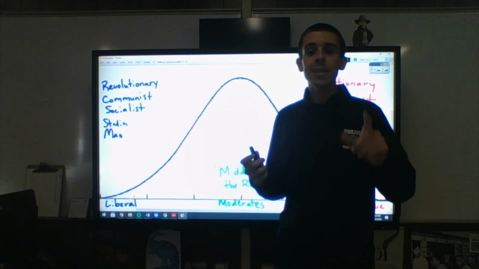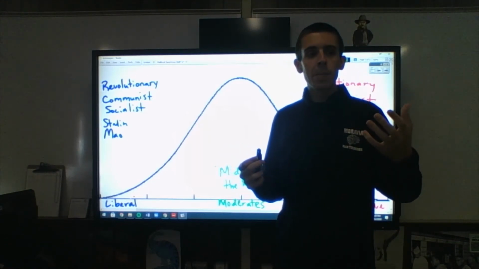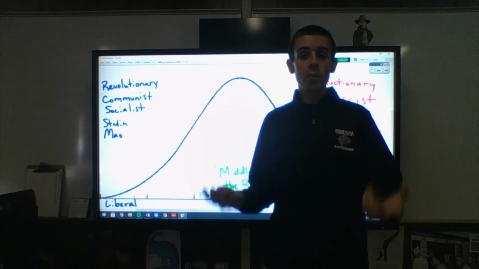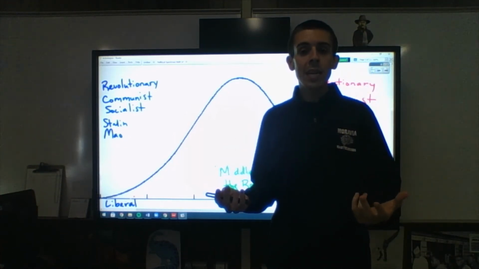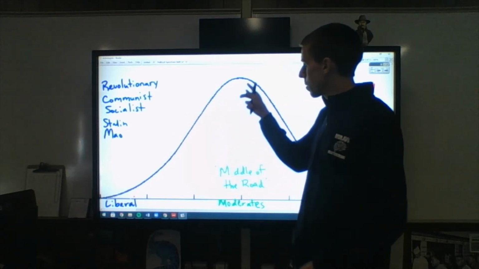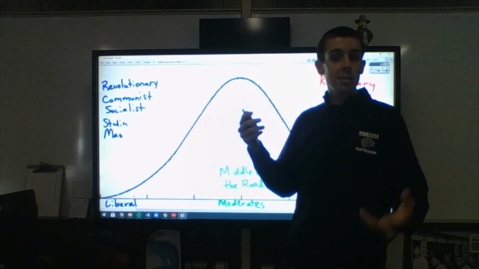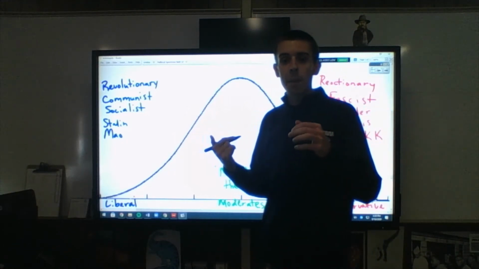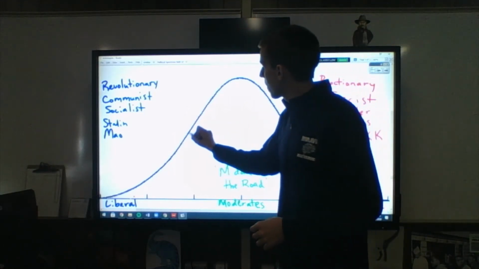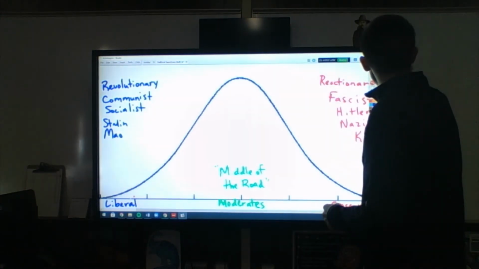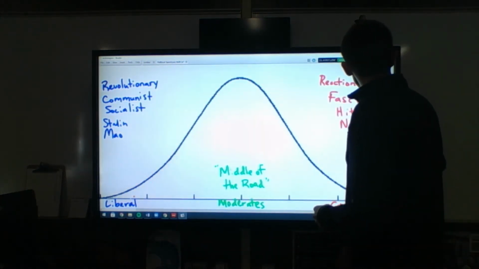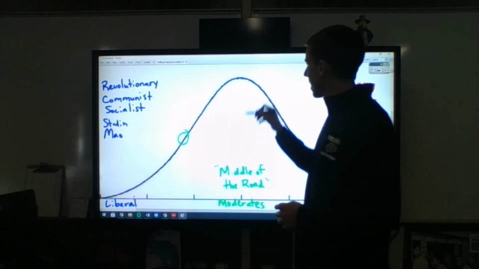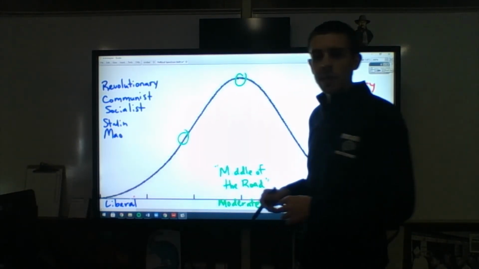The problem with that is that because we have a two-party system and those parties nominate their own people, you can never really have a moderate person win. Let's use this as an example. Let's say the Democrats nominate a pretty liberal person who belongs right here, and a moderate person who belongs right there.